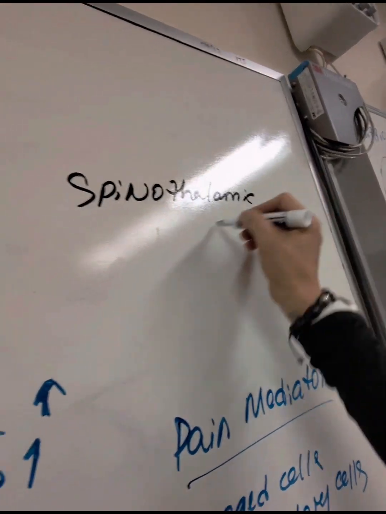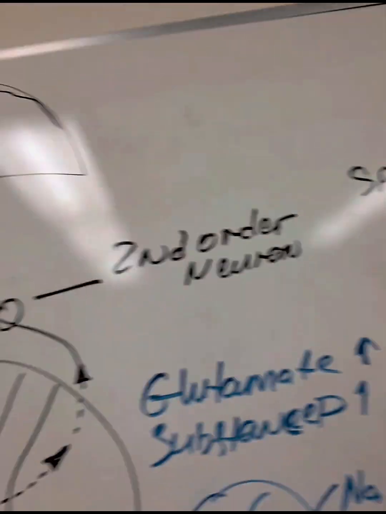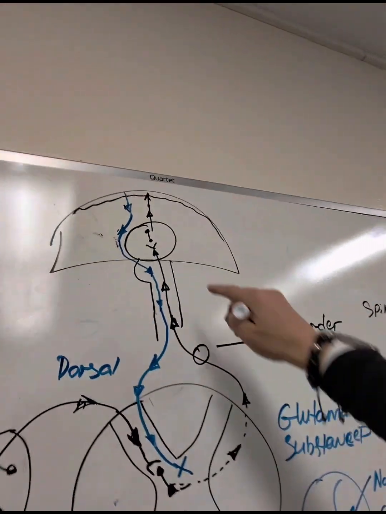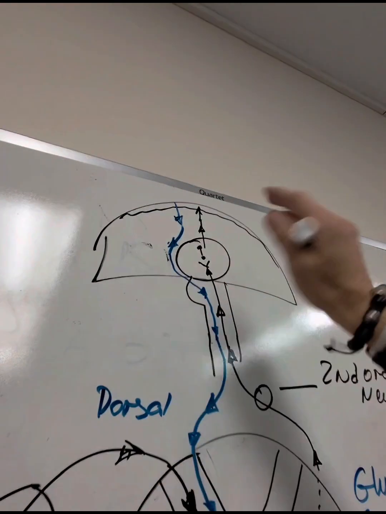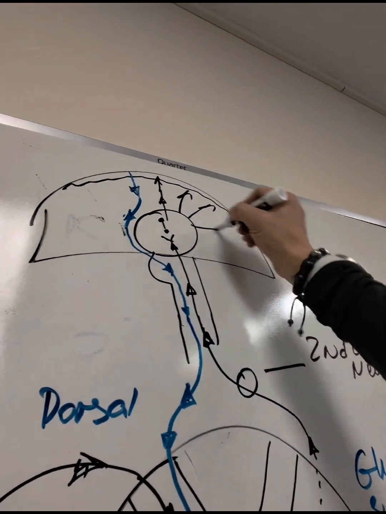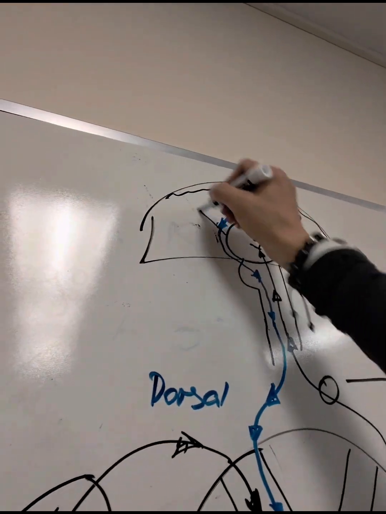You bring this into the thalamus, and you conduct this electrical impulse into the cerebral cortex right there.